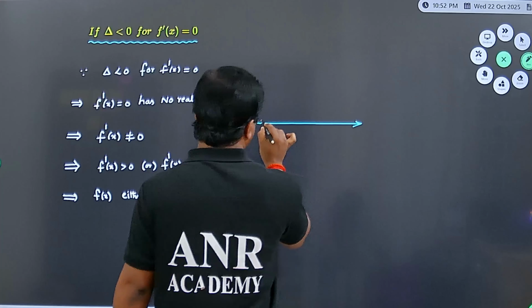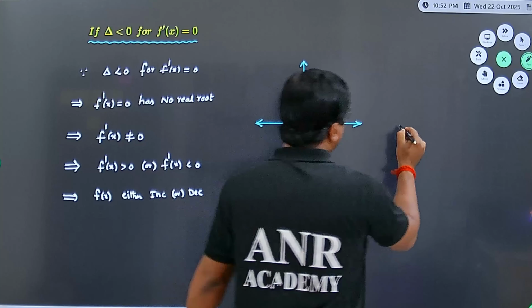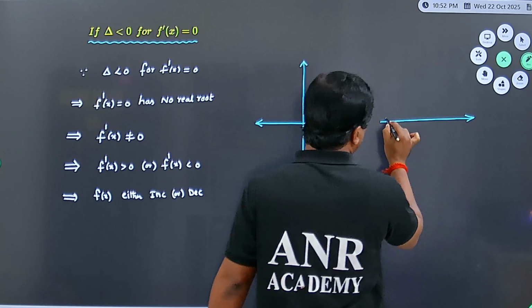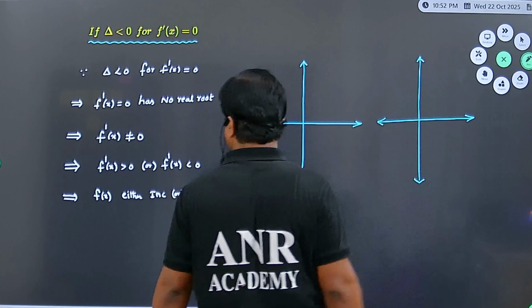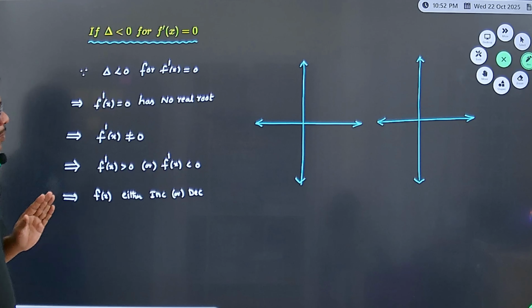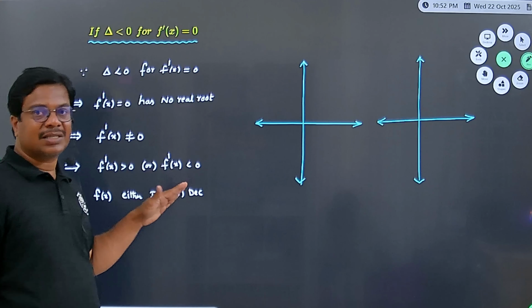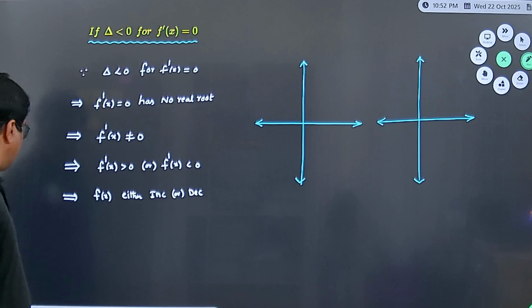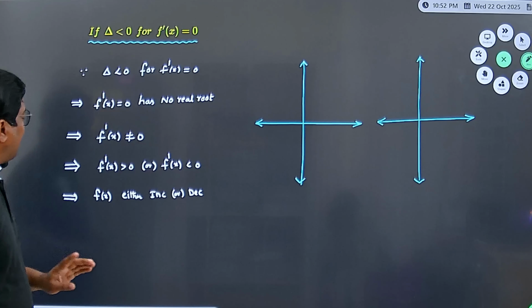This is the x-axis, this is the y-axis. Two cases arise. Maybe the graph increases or decreases. Slope is never 0, remember. Slope never 0 implies only one case arises. The function may be increasing or may be decreasing, depending upon the value of a.